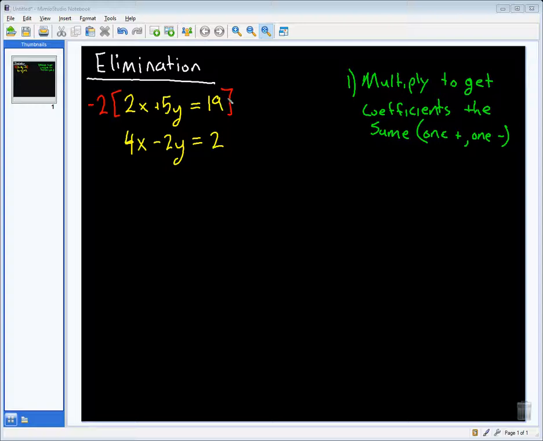So by multiplying the top equation, it becomes -4x minus 10y, and that equals -38.